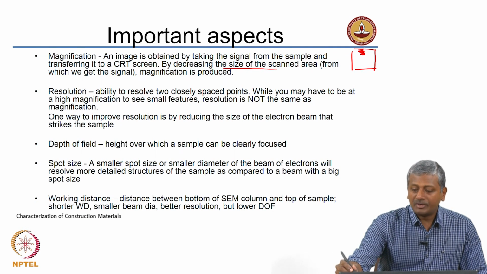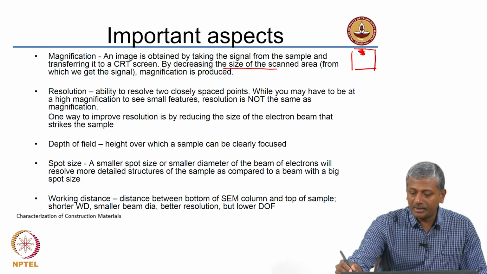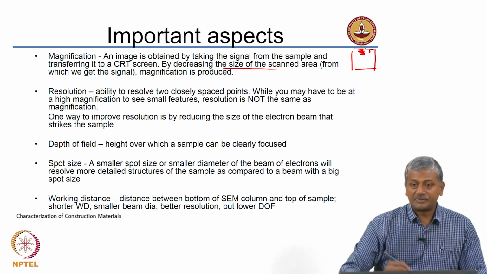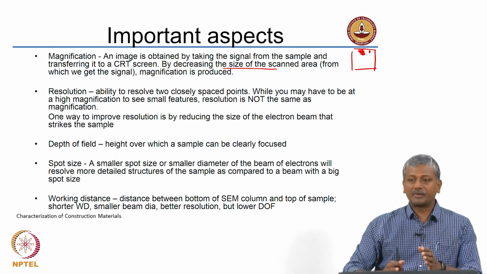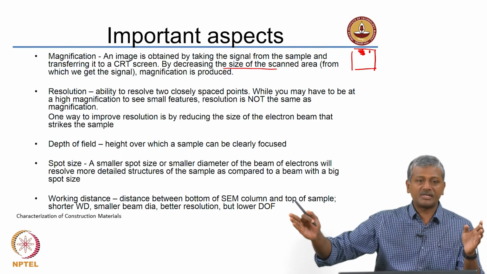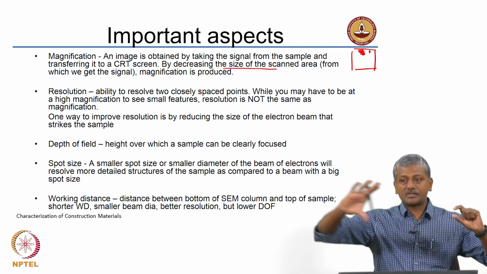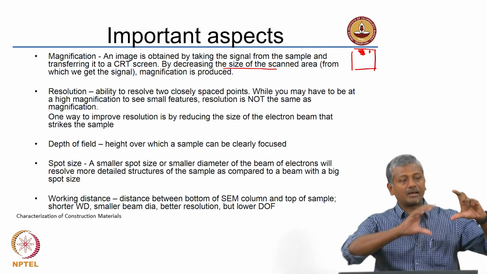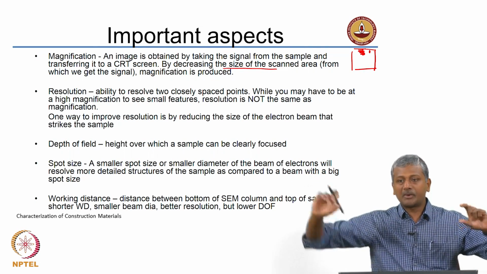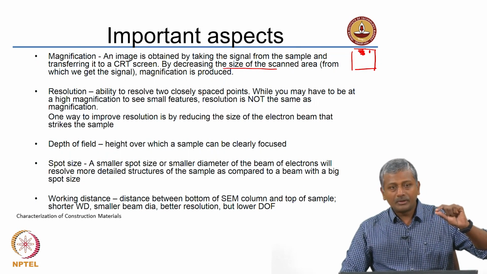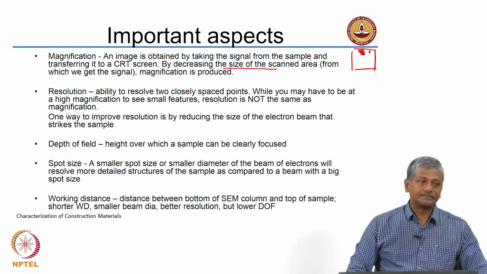If in the same area you take a smaller area and scan it, that is basically magnification, because your ultimate size of the screen on which you are seeing the image is the same. So, you scan a small area and transmit that to a large screen as opposed to scanning a large area and transmitting to the same screen. So, magnification simply means that your scanned area is getting smaller.